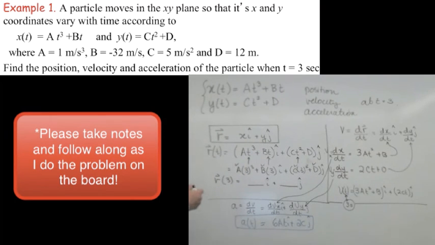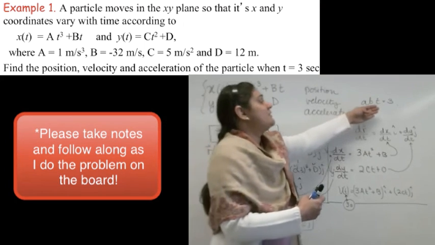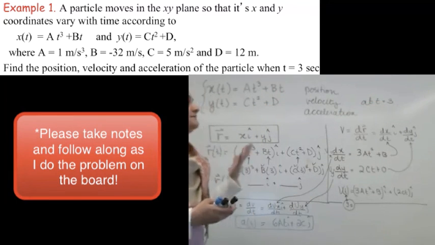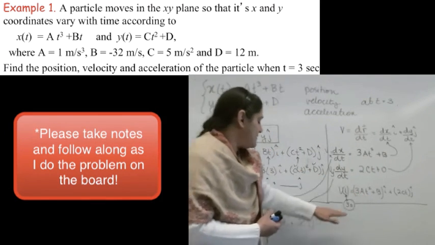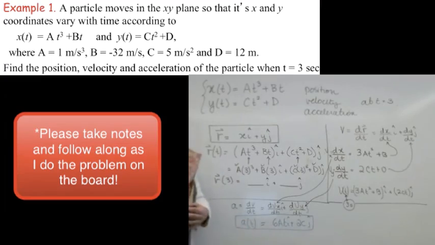And that brings me to a general answer for this question. I have an r as a function of time, a v as a function of time, and an acceleration as a function of time. So let's say the question asks me to find it at t equals 10 seconds. All I have to do is figure out what these equations are right here, and right here, and right here, and solve them, taking the derivative of them.